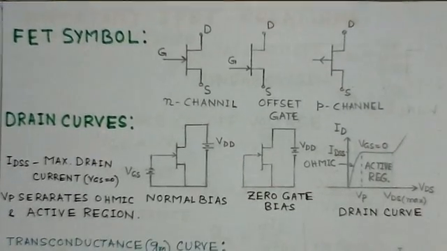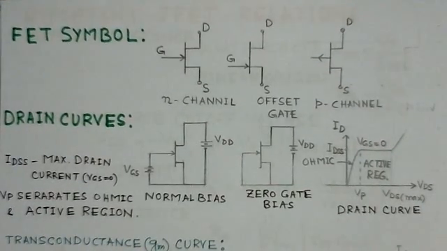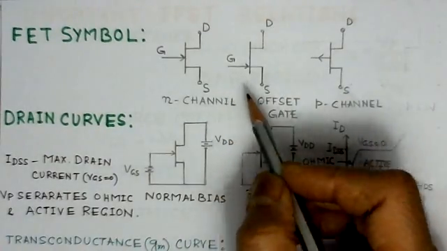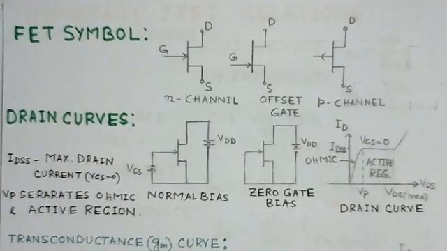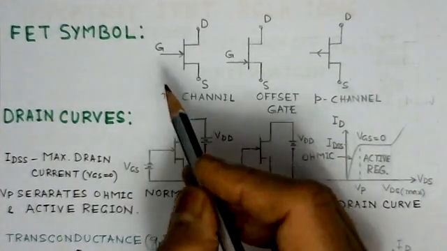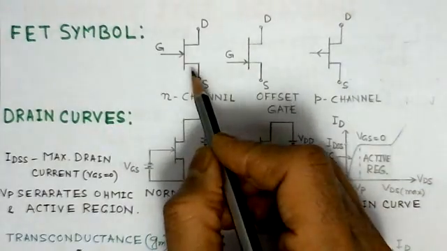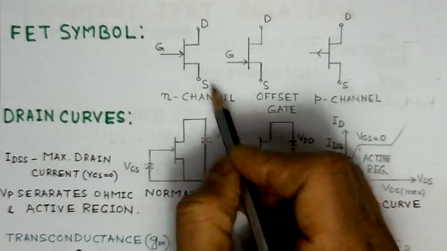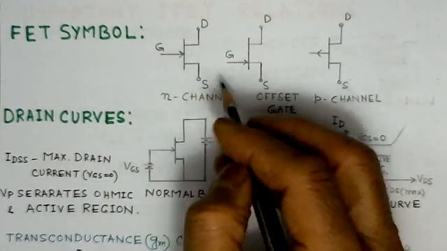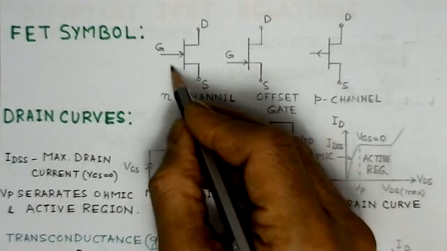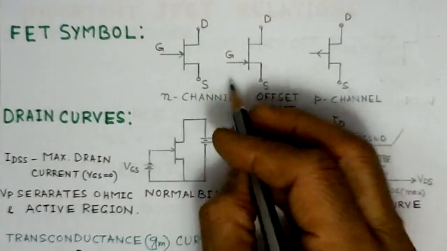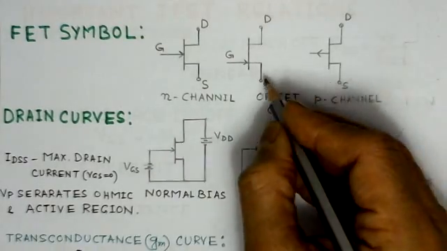Now we'll give the symbols and corresponding drain characteristics for the FET. This is the symbol for the N-channel junction FET, with gate, drain, and source. The gate arrow is pointing towards the channel in the case of N-channel.